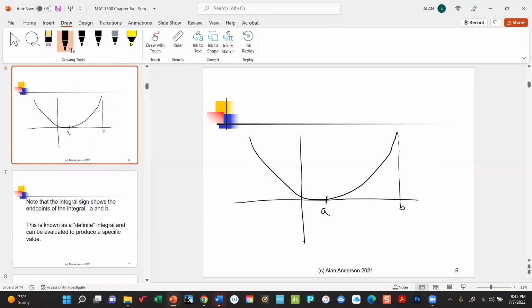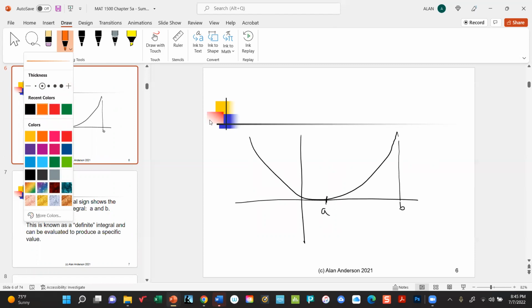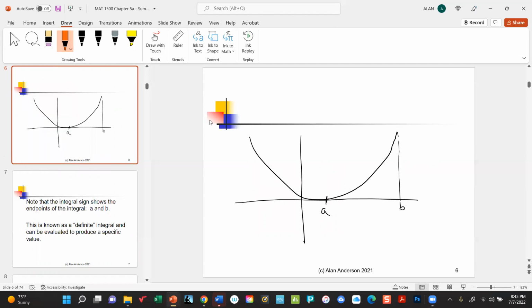So the rectangles, the idea is that the rectangles will touch the curve at one point. Okay. So I think it's easier to see it in this example.